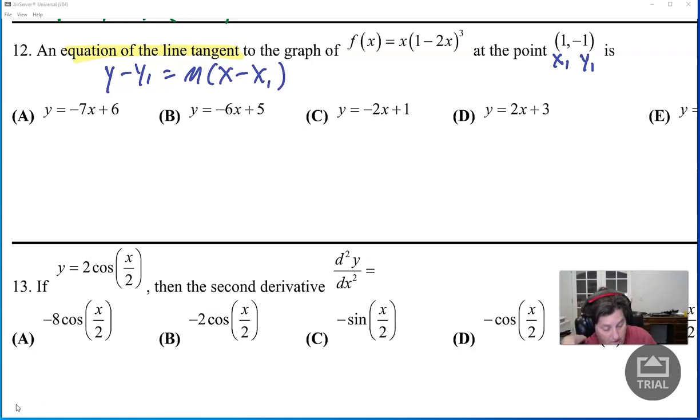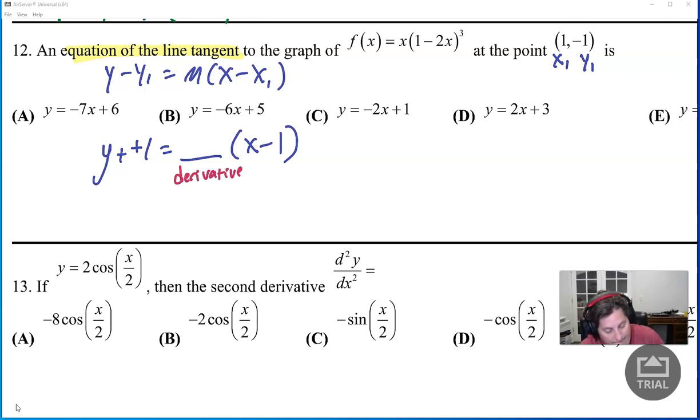That's very helpful. All right, so it's going to be y minus negative 1 equals something times x minus 1. And you guys know y minus negative, we can just make that plus. So how do we find m? M is specifically the derivative. And then we plug in x. Where's my function? Okay, right here.